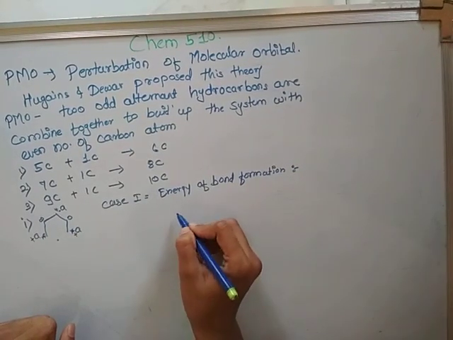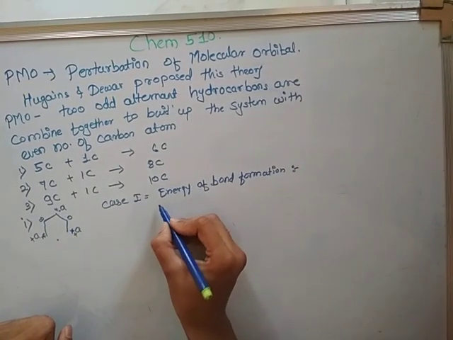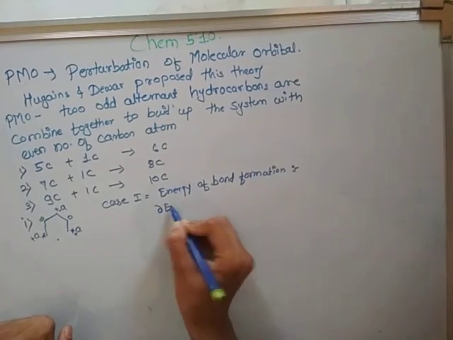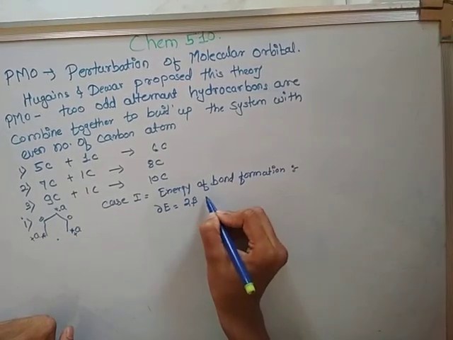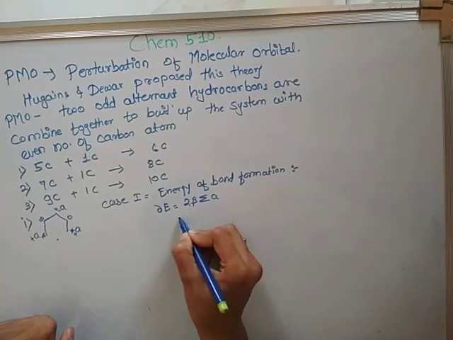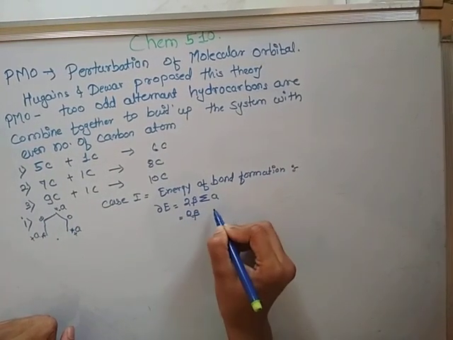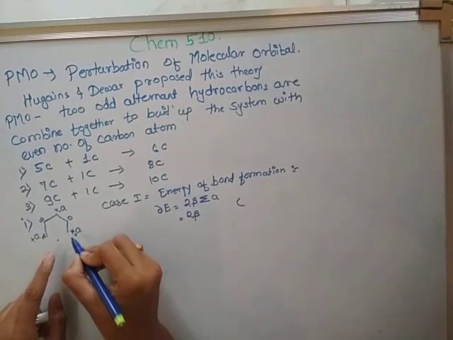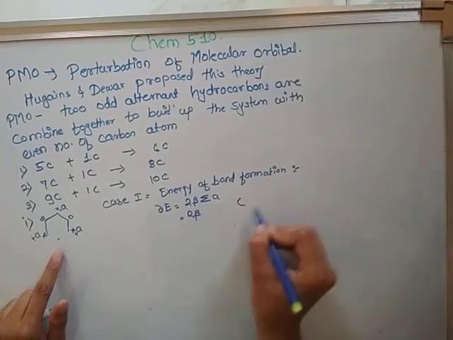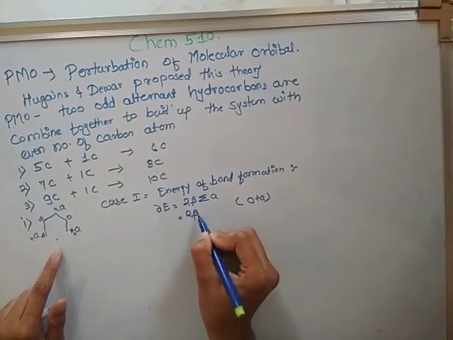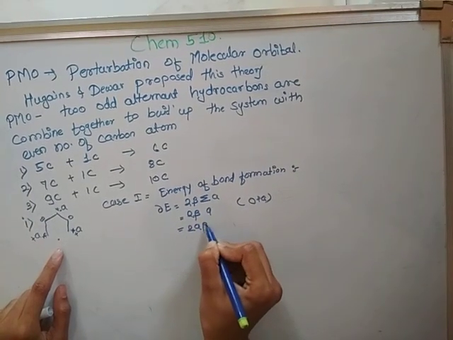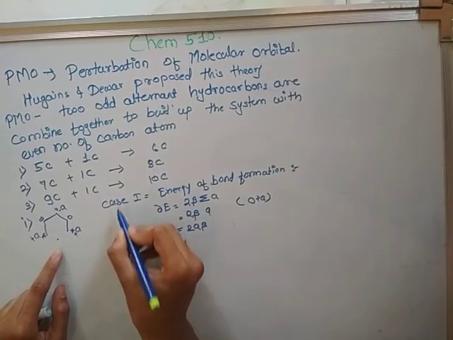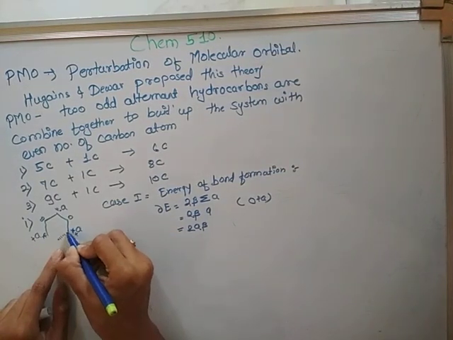There is one formula: delta E is equal to 2 beta summation of A. In this, summation of A is equal to plus A plus 0, which is A. So 2A beta. So here one bond is formed.